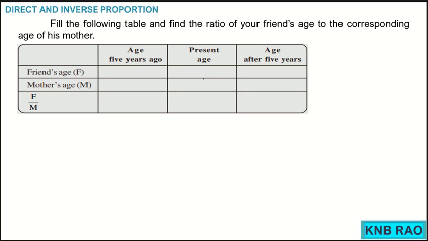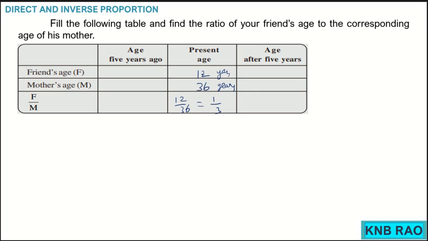Let us say the present age of your friend is 12 years and his mother is 36 years. Now, the ratio between 12 and 36 becomes 1 out of 3, or 1 upon 3.